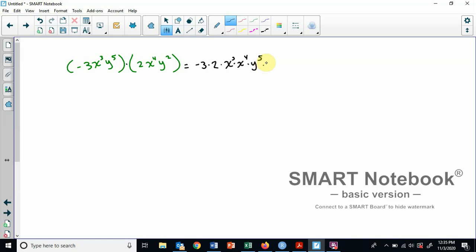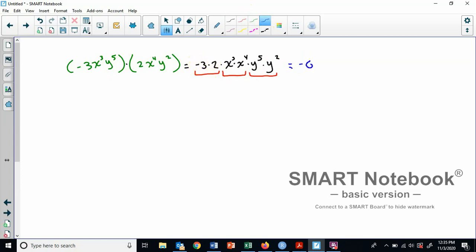Because these are just all multiplications in between all of these bases and exponents, right? So now you look at what I have, and I can handle this in chunks. I can multiply plain numbers. I could combine these like bases, and I could combine these like bases. So let's see. First chunk, what is negative 3 times 2?